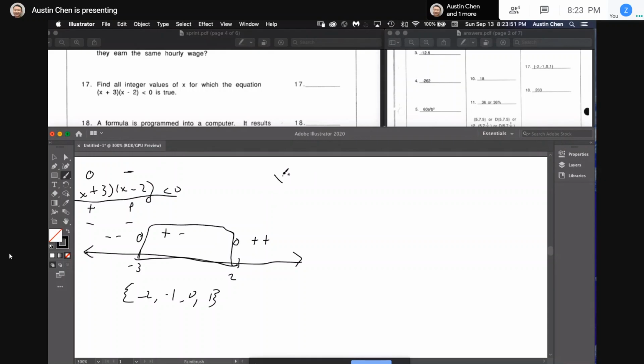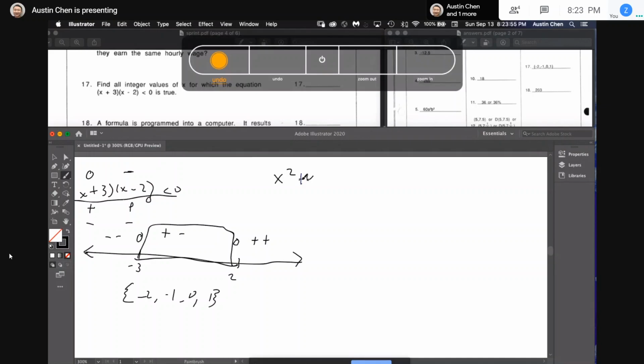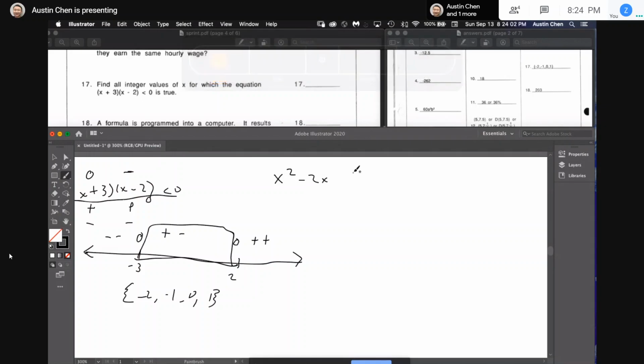So let's say you had x squared minus 2x minus 4 is less than negative 6x minus 8. All right.